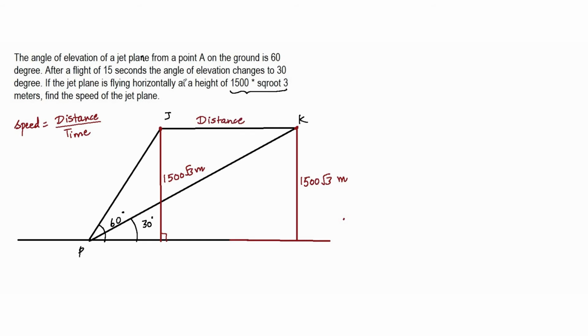So this is the distance covered. I know that the time is 15 seconds. So let me first find my speed in meters per second and then I can easily convert it into kilometers per hour. So I first need to find the distance JK, and JK is actually equal to the distance QR because JKRQ is actually a rectangle, right?